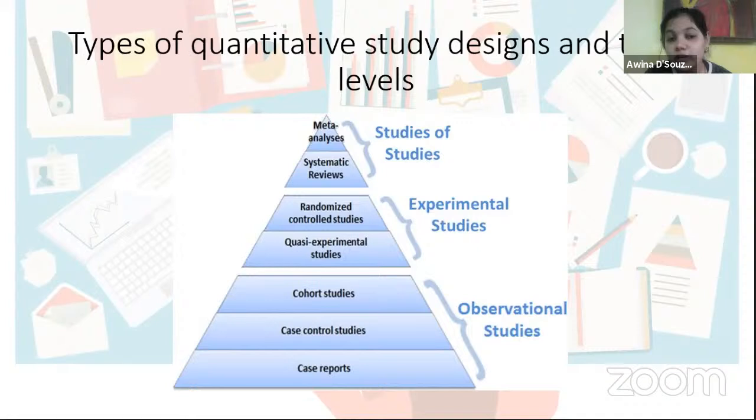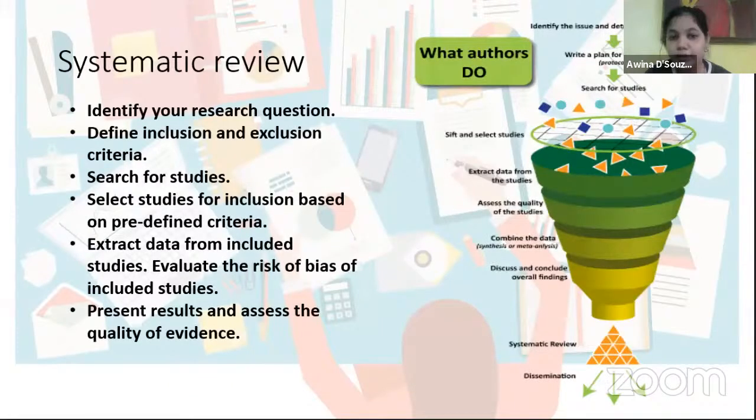Then comes systematic reviews and meta-analysis. A systematic review covers all kinds of reviews available on a particular topic of your interest, and you search for them in whatever search engines are available. It could be PubMed, Scopus, Science Direct, or BMC Journal.